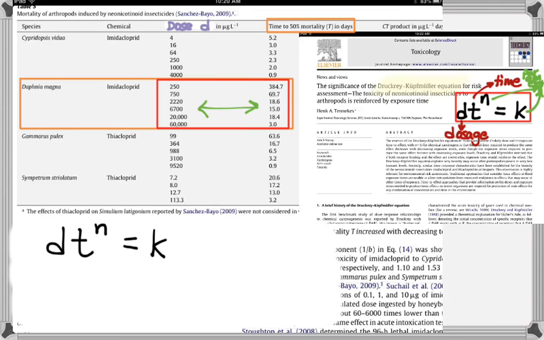When I linearize this equation, I'd like to do so in a way that will allow me to determine the values of n and k, and I want the values of n and k to somehow be in my slope and intercept. So how should we linearize this equation, D t to the n equals k, in order to make it so that my n and my k belong to the slope and the intercept of the linearized equation?